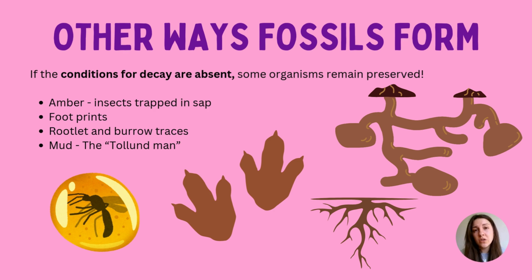So there's somebody called the Tollund Man. I will put some information in the description box for you about this. It is literally an individual who was preserved fully in his entirety because of the conditions that he found himself in. He fell into a bog, and it essentially caused his body to be preserved.